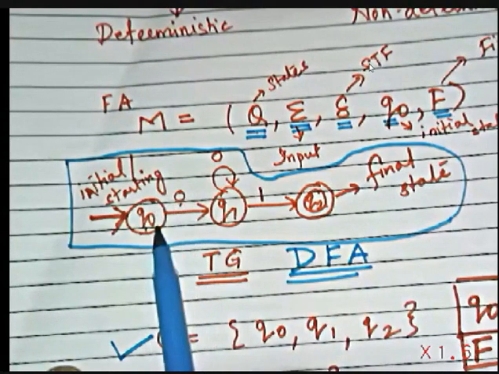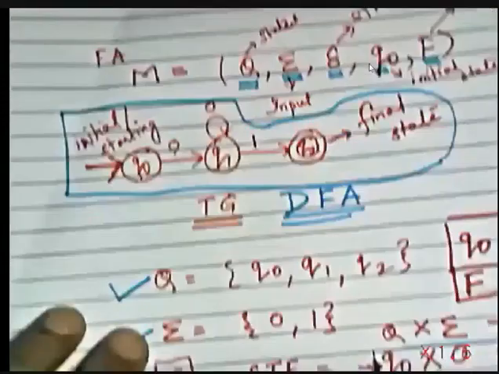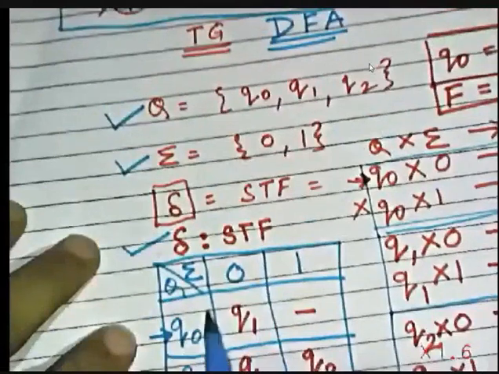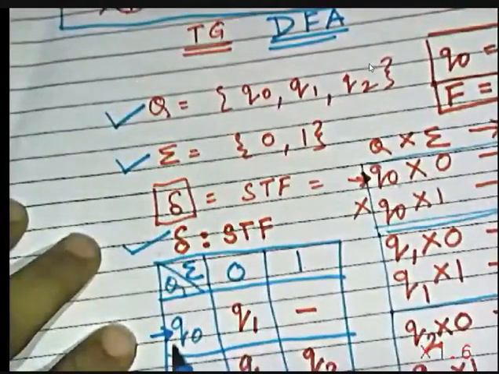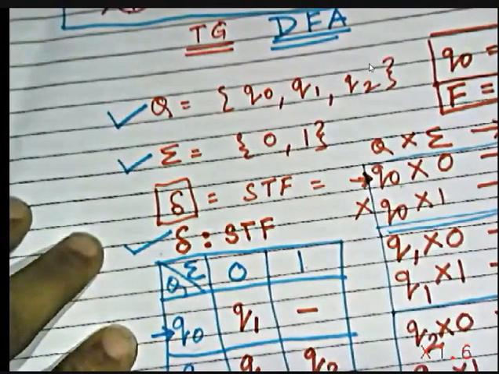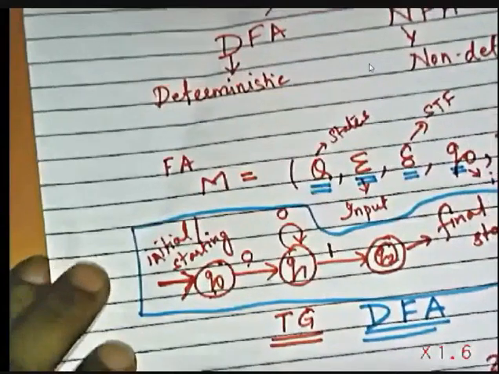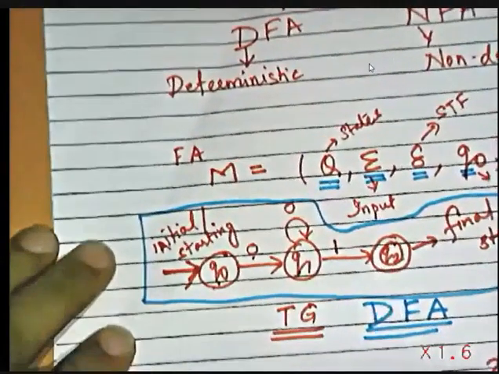Suppose Q0 on 0 also moves to Q2. In that case, what will happen? There will be two entries here: Q0 on 0 moves to Q1 as well as Q0 on 0 moves to Q2. In the same cell, you can have two entries, right? But in this figure, for all the states, there is no such case.